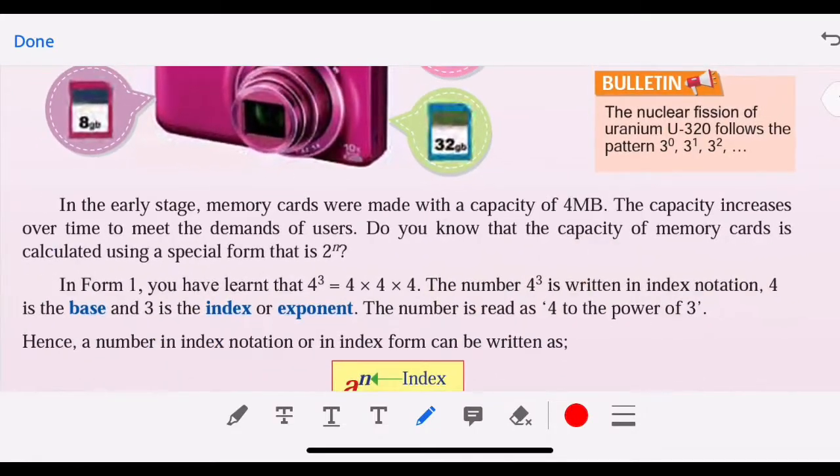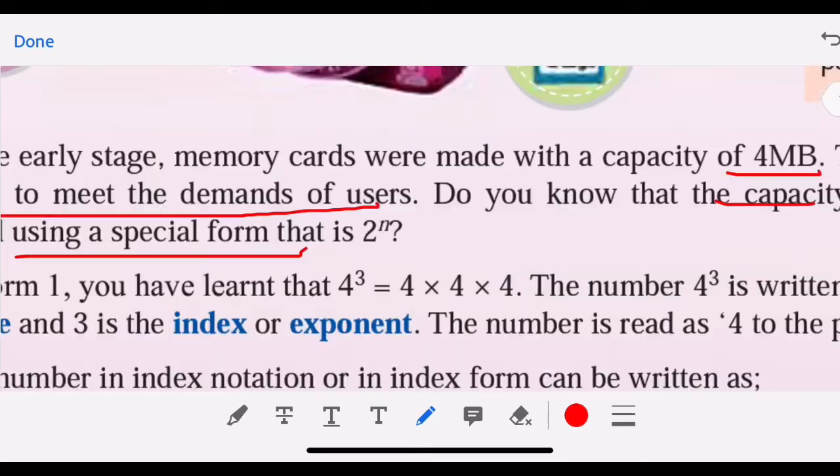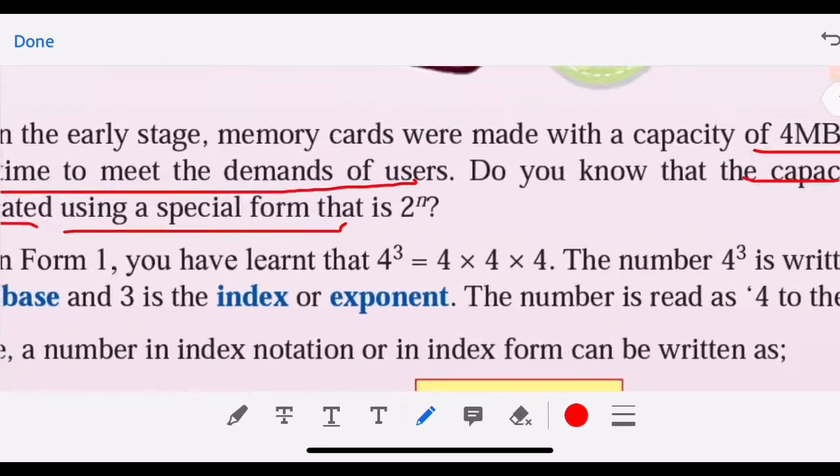In the early stage, memory cards were made with a capacity of 4 MB. The capacity increased over time to meet the demand of users. Do you know that the capacity of a memory card is calculated using a special form, that is 2 power n?